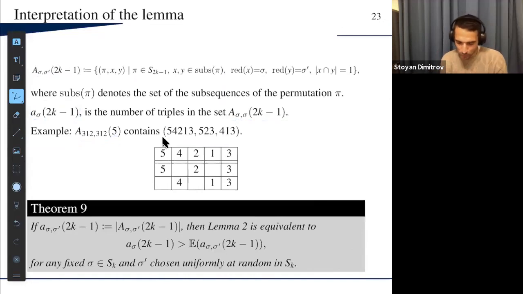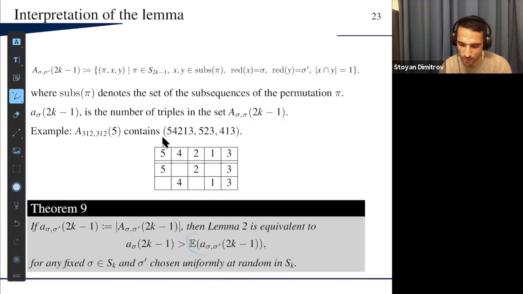And basically, we were able to show that this lemma 2 is equivalent to this statement. So this number of merges A sigma to k minus 1 is always greater than the expected number of merges A sigma sigma prime, where sigma is fixed and sigma prime is chosen uniformly at random. So this is indeed interesting.